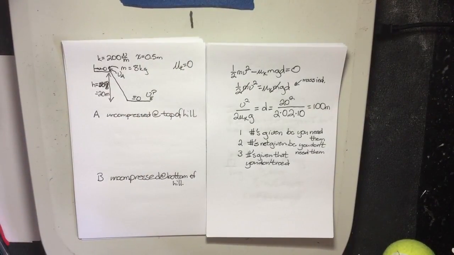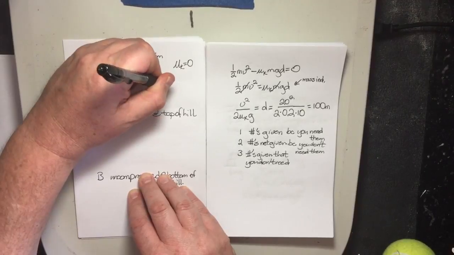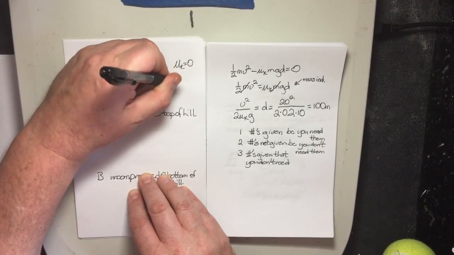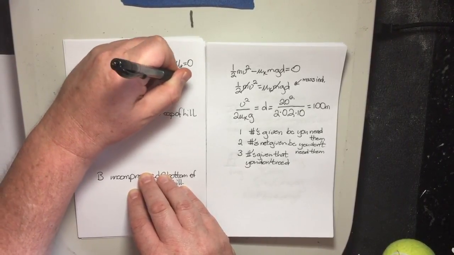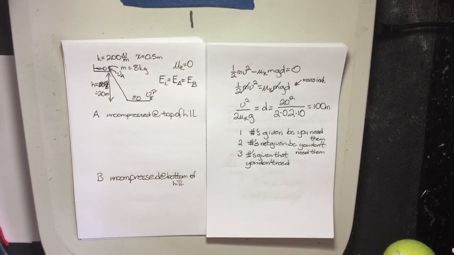Now if the mu sub k is 0, that means the energy at the beginning of the motion is the same as the energy at the end of the motion, and also the energy in the middle of the motion. So the energy initial will be the same as the energy there and the energy at the bottom. So all of those energies are the same.